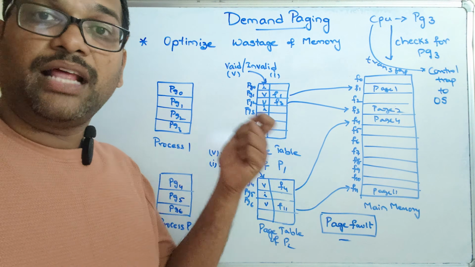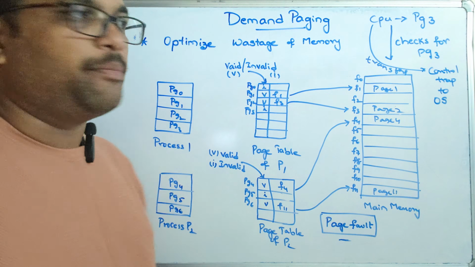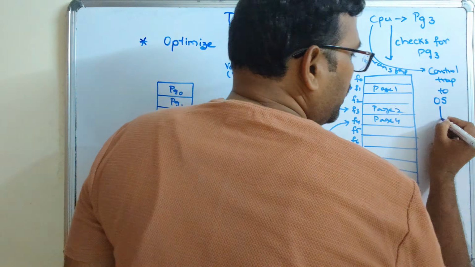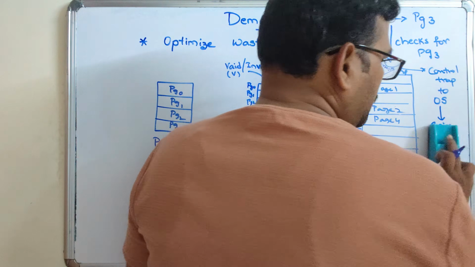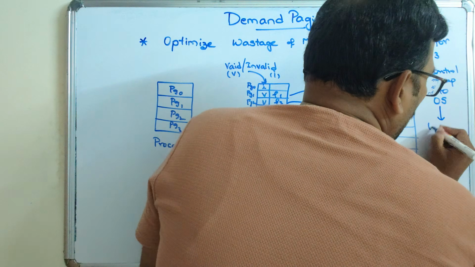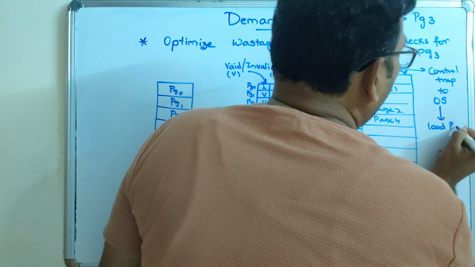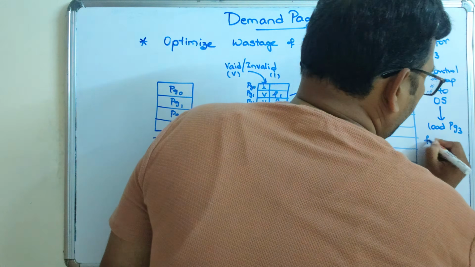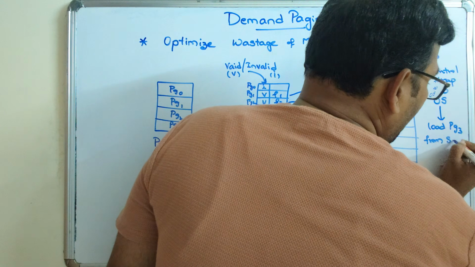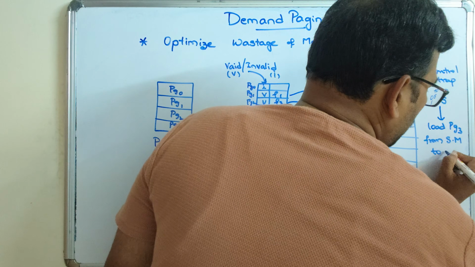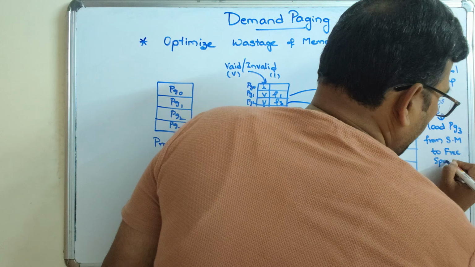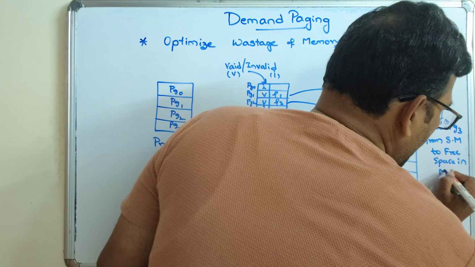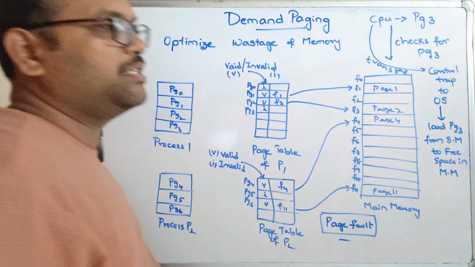Page fault means the required page is not available in the main memory. Then immediately the OS will copy or load page 3 from secondary memory to free space in main memory. So this happens.